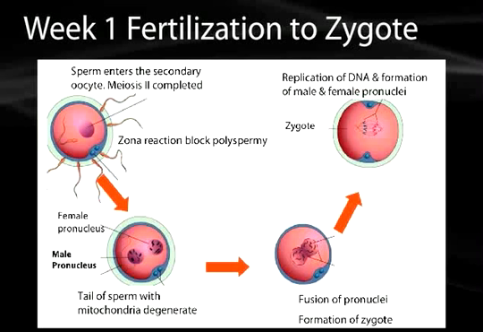Then the male and female genomes will become and make the male pronucleus and the female pronucleus. Notice that the tail of the sperm and all of the mitochondria associated with it will degenerate, and this is why maternal mitochondrial DNA is what is passed on from generation to generation.